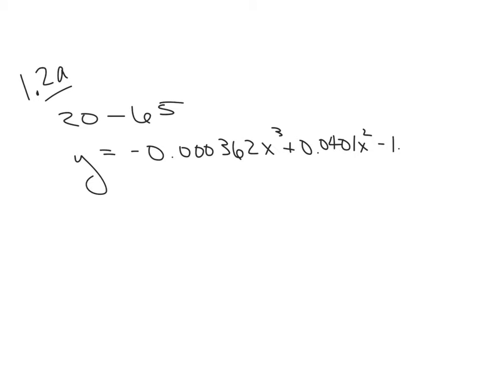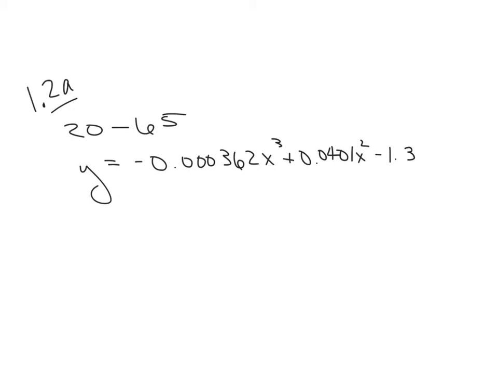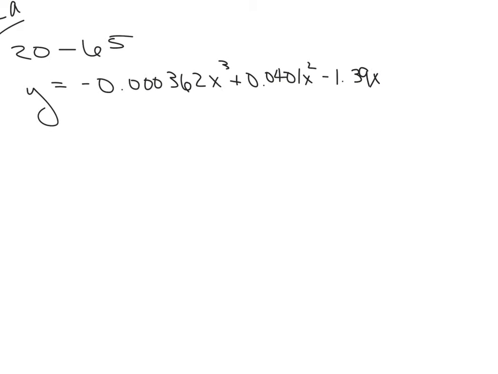Minus 1.339x. All right, let's slide this over a little bit. Plus 21.7. Where in the world they came up with that equation, oh gosh, no idea. But there it is. And that's all we care about, is that we've got the equation. You don't have to understand where it comes from or how they developed it.